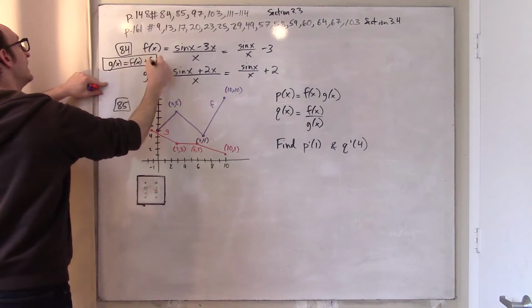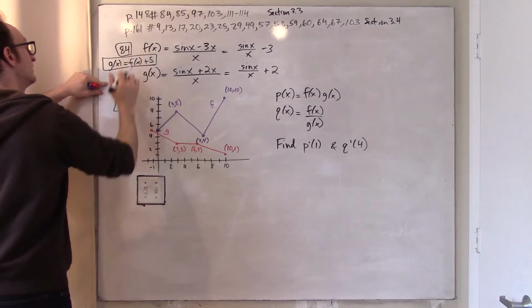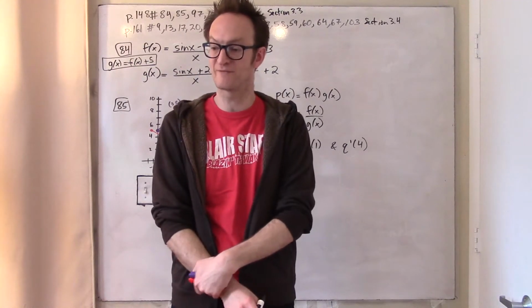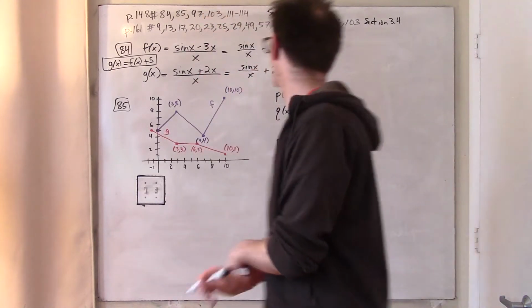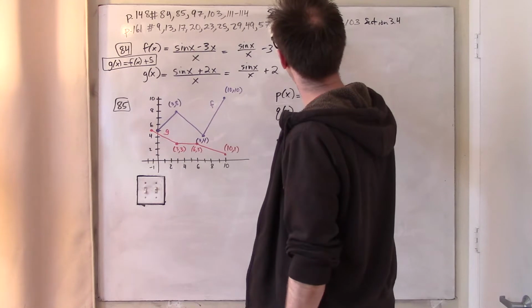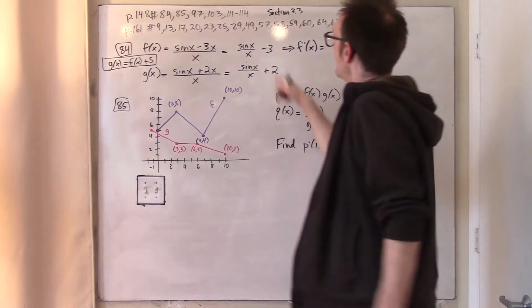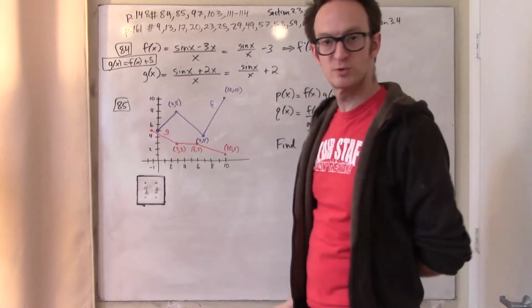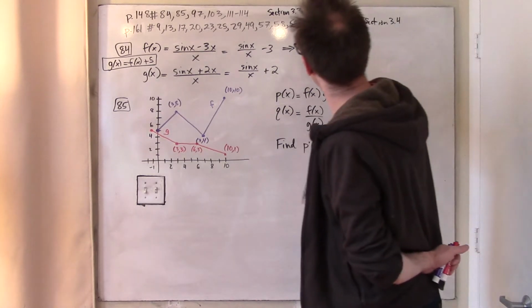So once you determine that, then it's sort of obvious that these two functions are going to have the same derivative, and this sort of explains everything. Okay, let's do it really quick. How do I take the derivative of this function? Well, for the derivative of sine x over x, now I really do want to use the quotient rule, so let's do it.